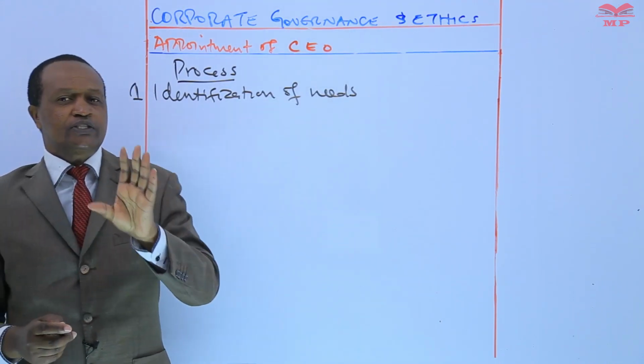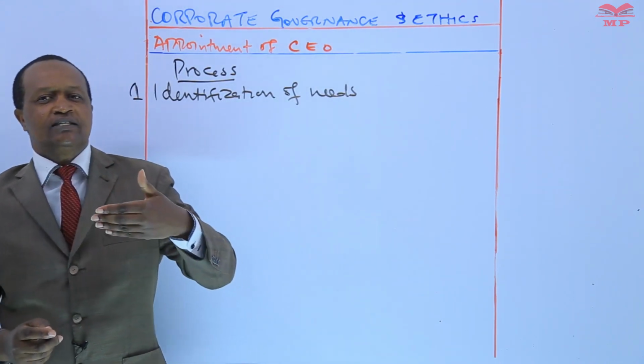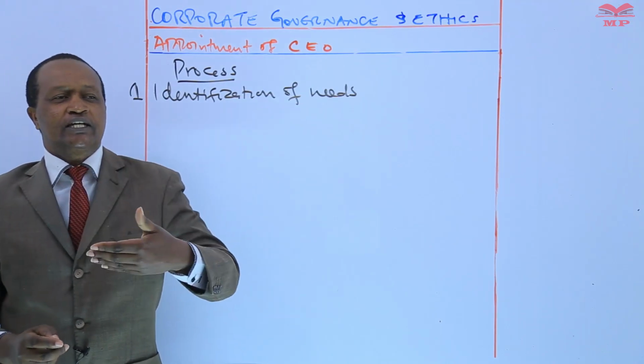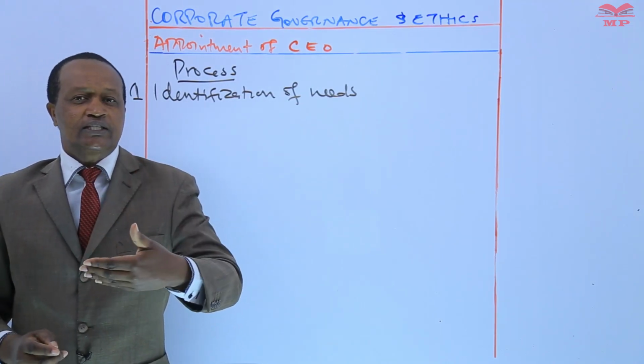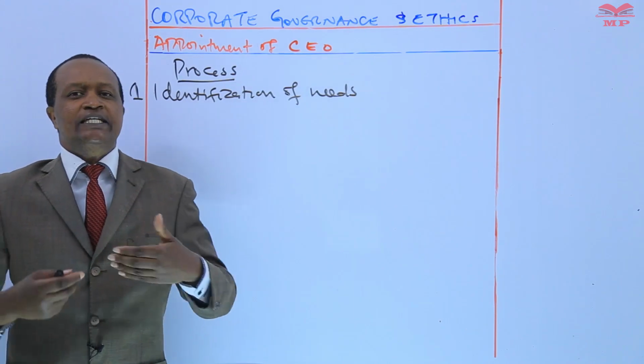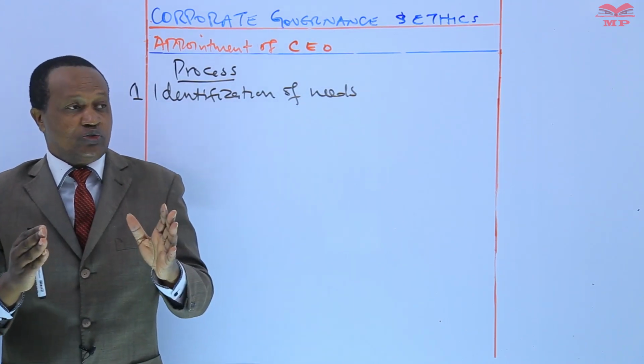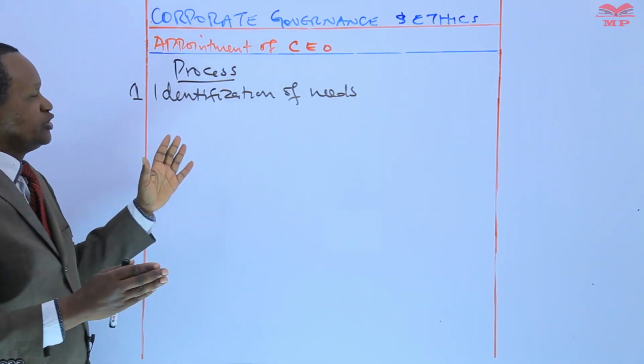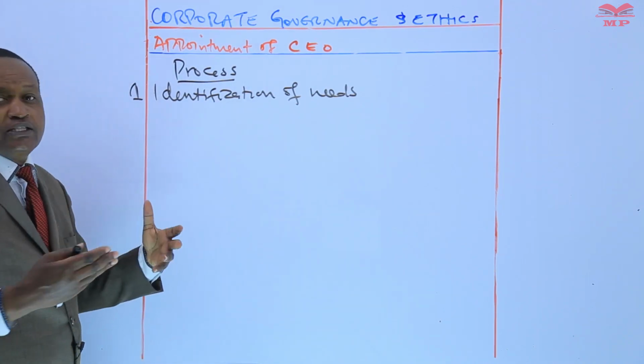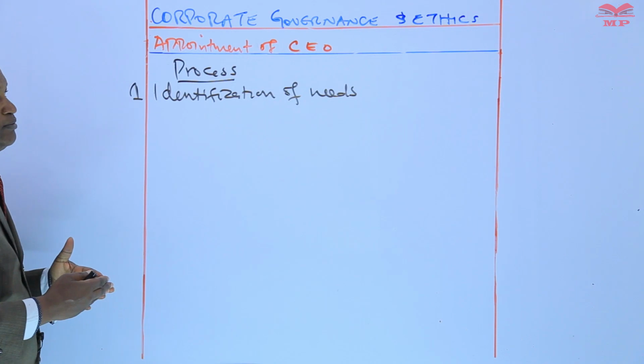And that involves assessing the company's strategic direction, the industry landscape, and also the internal culture. So all that has to be taken into consideration when trying to identify the needs of the company.